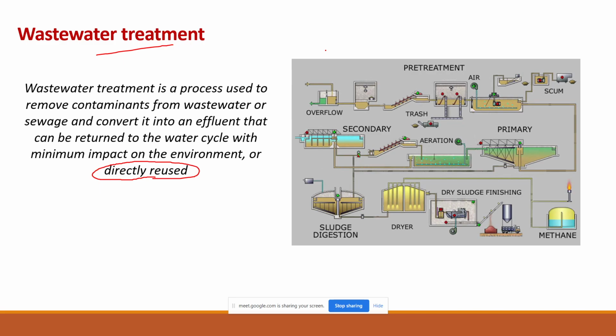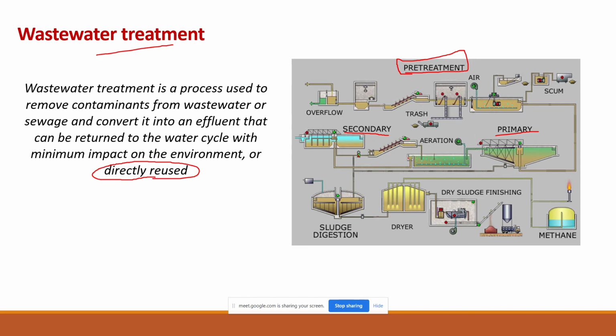Now, when we talk about wastewater treatment, you all must have heard that there are basically three or four stages. There is pre-treatment, which is also called the preliminary stage, then primary treatment, then secondary treatment, and we also have tertiary treatment.